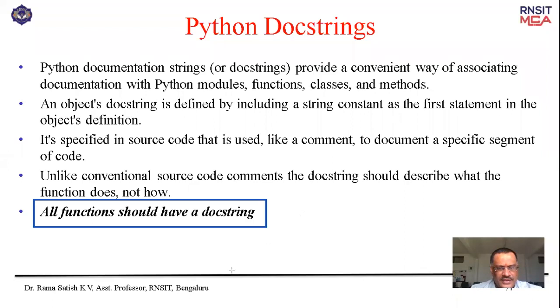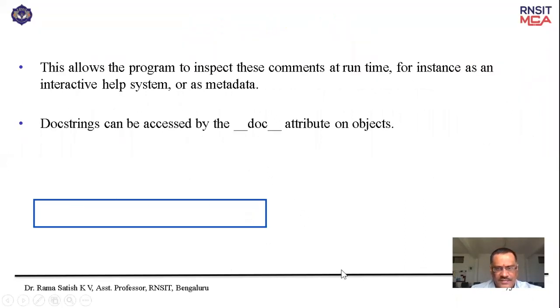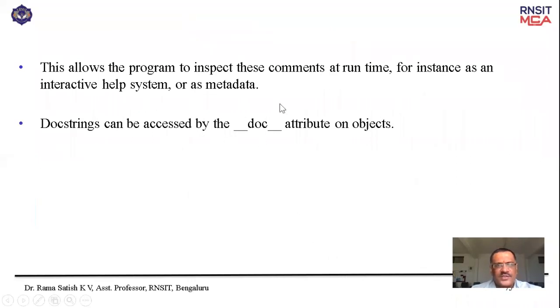So let us move further. How to access this docstring? In our temperature folder also, we have written it. Whenever you write the temperature.py module, I've written the comments, that is the docstring, and a docstring is automatically accessed by __doc__.